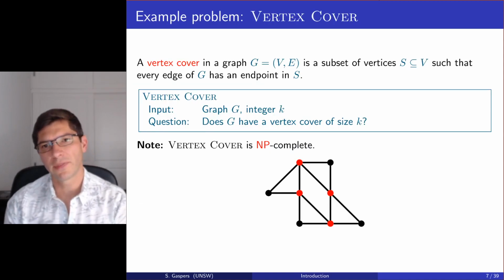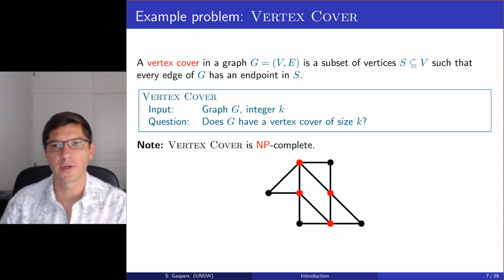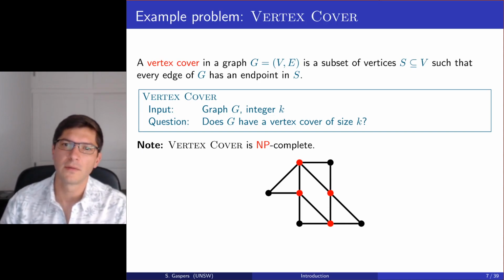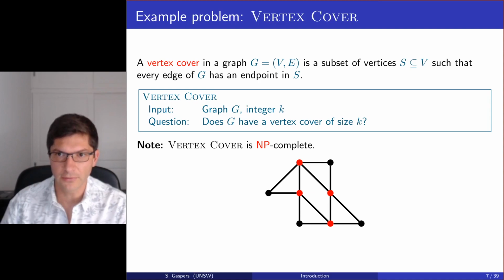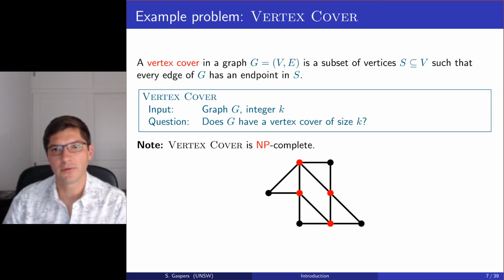In terms of graph theory, we get the vertex cover problem. What's a vertex cover of a graph? It's a subset of vertices such that every edge in the graph has an endpoint in this subset. So we need to select vertices that cover all the edges of the graph.